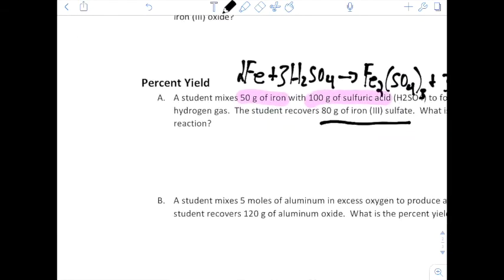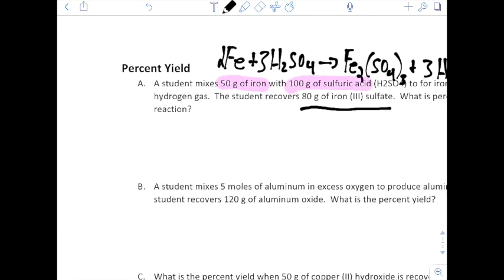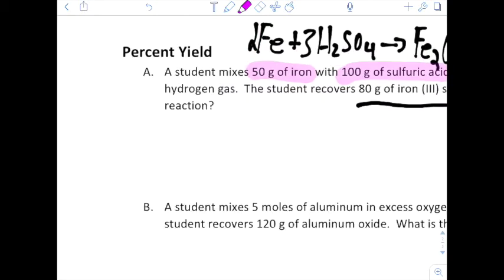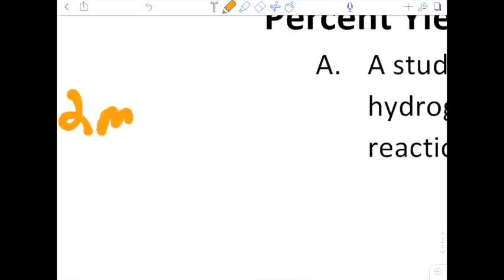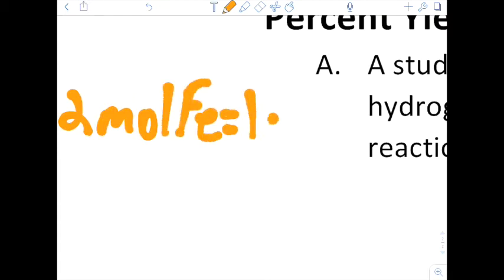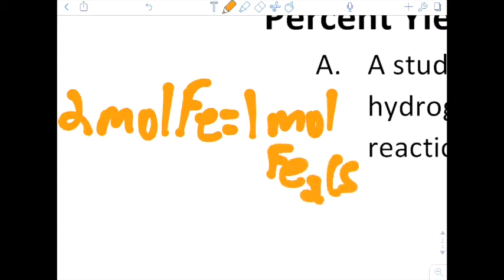So we'll go ahead and start by converting that 50 grams of our iron to our iron 3 sulfate. Now when we look at it, we see that we have a 2-to-1 ratio, so we're going to start with that conversion factor. So 2 moles of iron for every 1 mole of iron 3 sulfate.